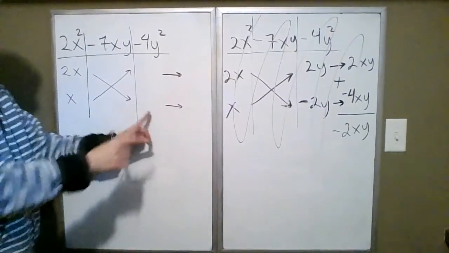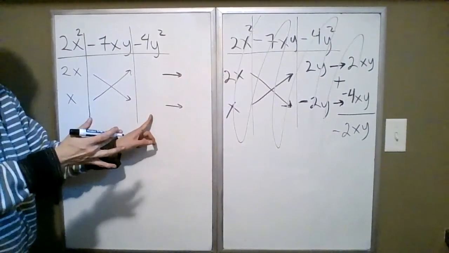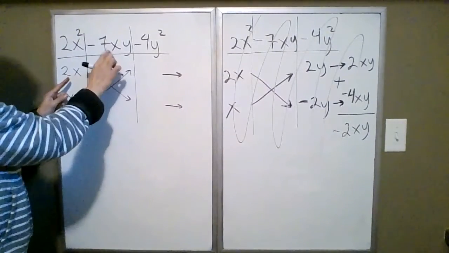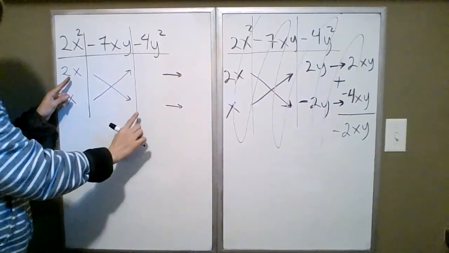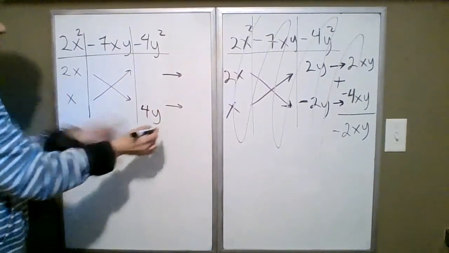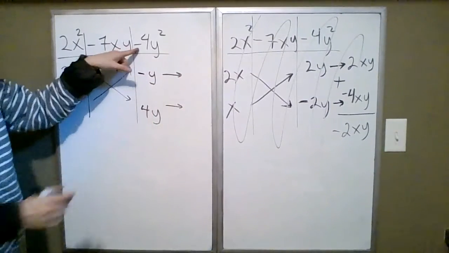I'm going to go with 4y and y, but I need to pick a place to have a negative sign. And I'm going to put the 4y over here because I'm trying to get closer to this middle term, 7xy, that would give me an 8xy. I put 4y, I need 4y times negative y to be negative 4y squared.